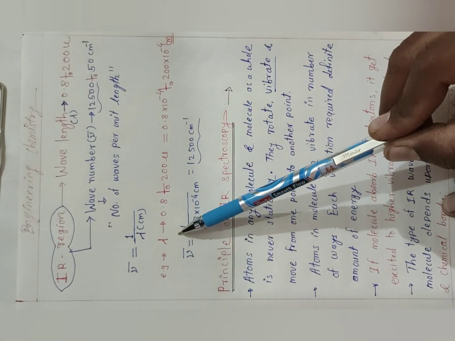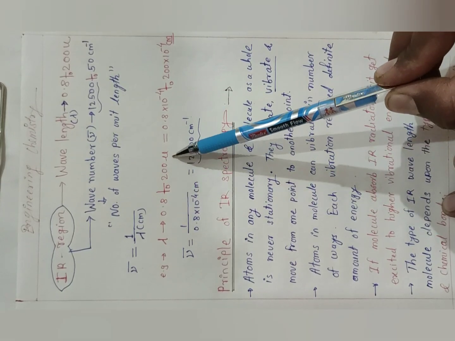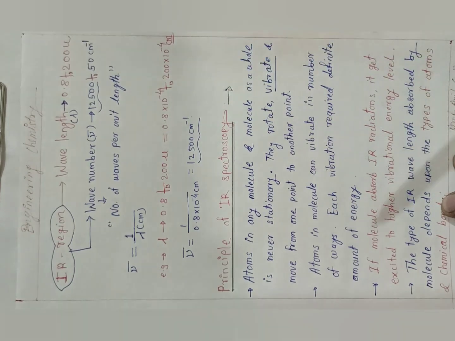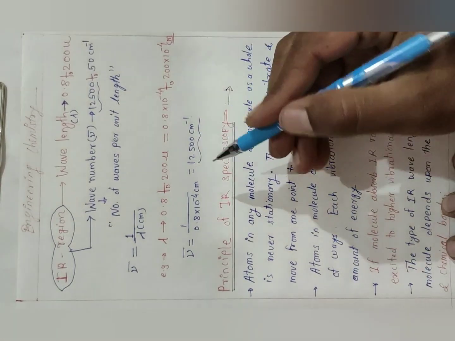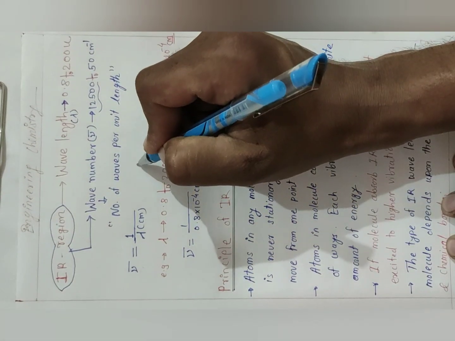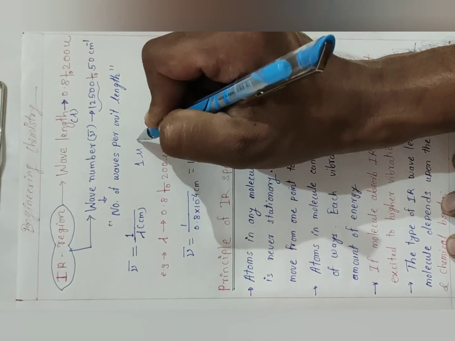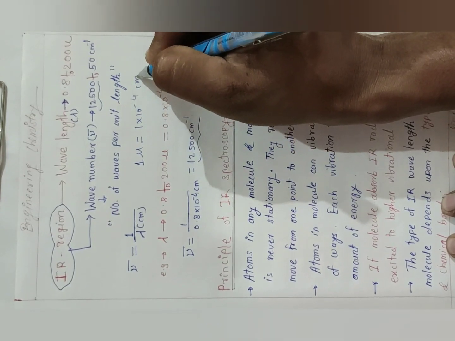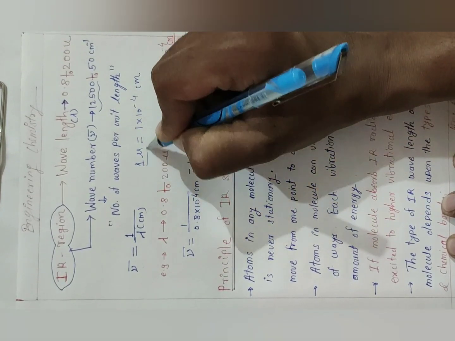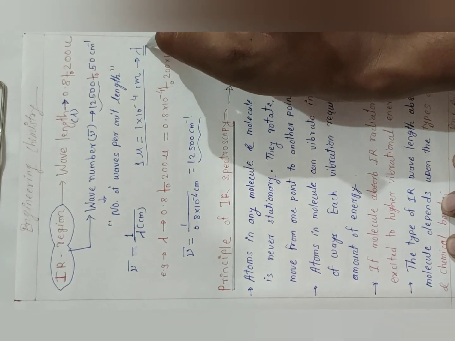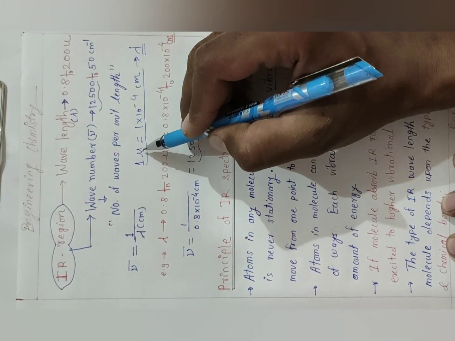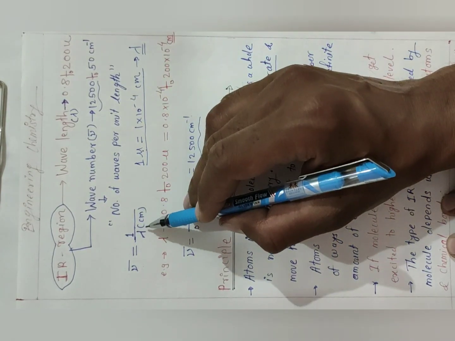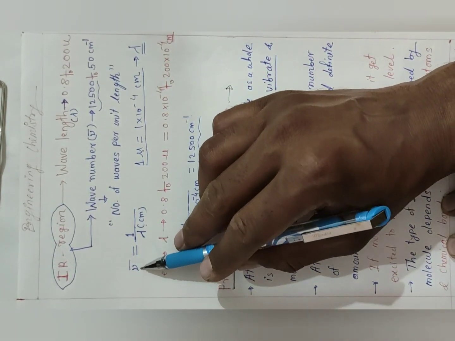First we have to convert the wavelength from micron into centimeter. Here 1 micron is equal to 1 into 10 raised to minus 4 centimeter. Here I am talking about wavelength. So micron is converted into centimeter, and this centimeter value we put in for finding the wave number.